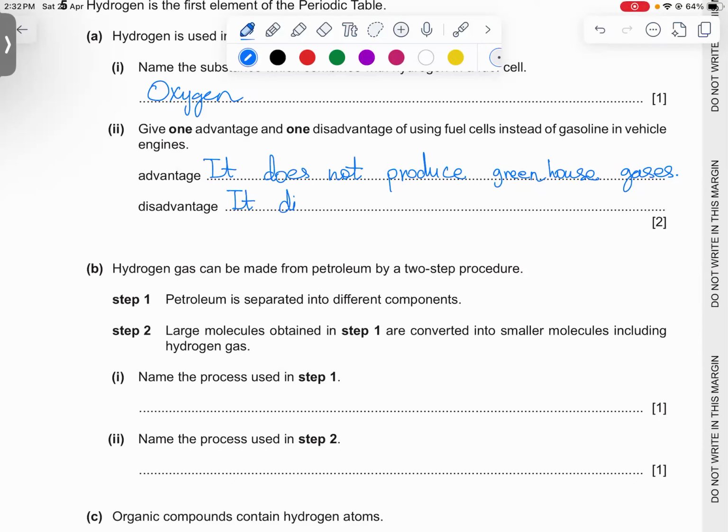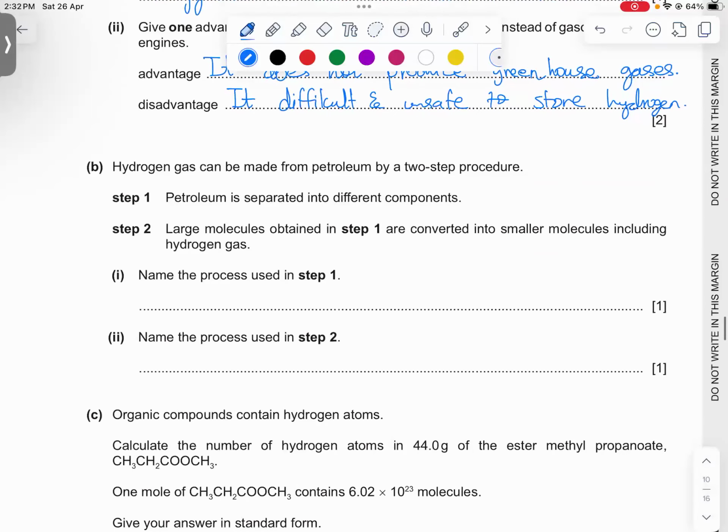It's difficult and unsafe to store hydrogen. Full stop. All right. Next question.